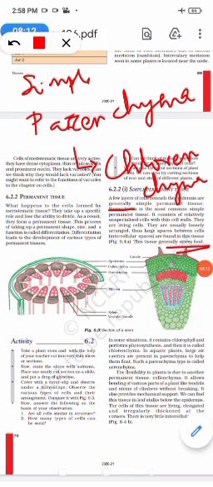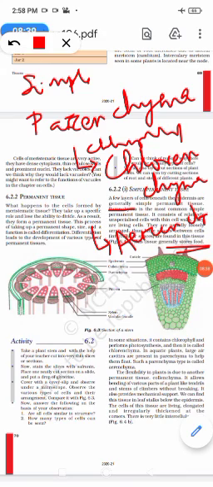Always remember, collenchyma and chlorenchyma are not the same. In aquatic plants, large air cavities are present in parenchyma to help them float. Such parenchyma is called aerenchyma. So with chlorophyll it is chlorenchyma, and if it has air, it is aerenchyma.